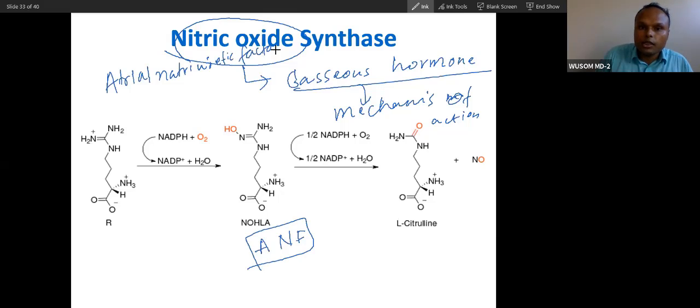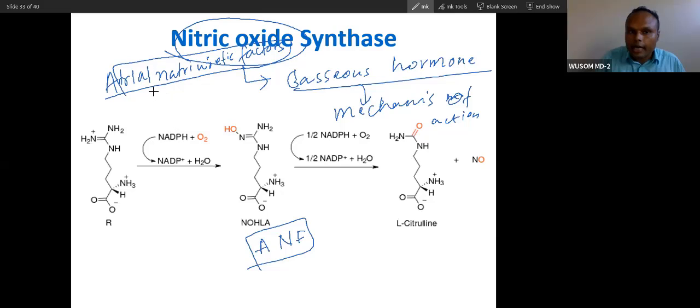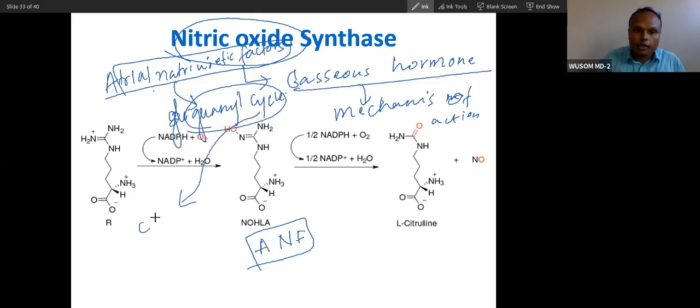Because in USMLE, questions are asked that correlate natriuretic factor with nitric oxide. Have you studied natriuretic factor anywhere? Yes, sir. Okay, the mechanism of action of natriuretic factor and this is similar. They both act on guanylyl cyclase, and there will be production of cGMP in place of cAMP.